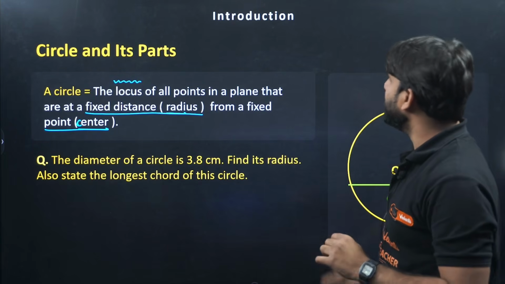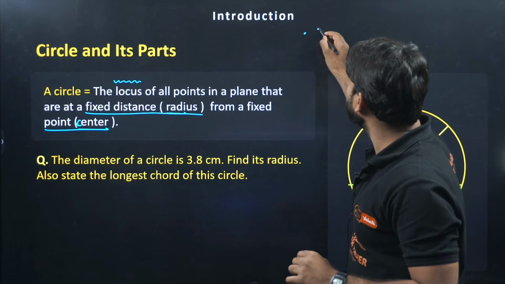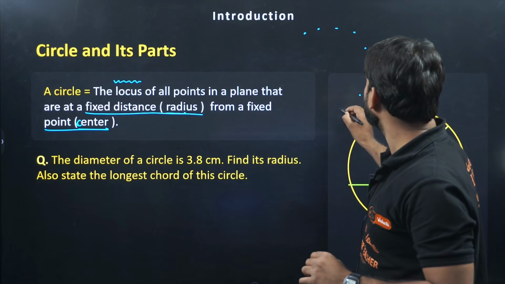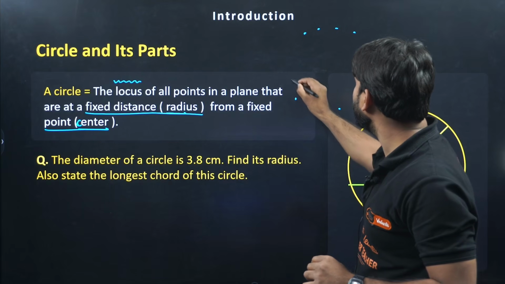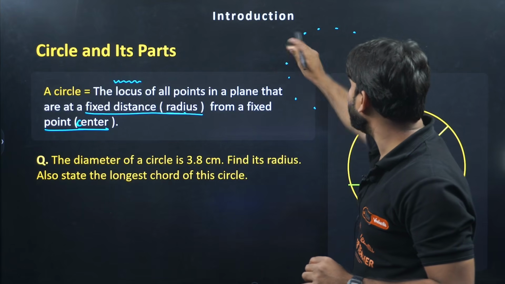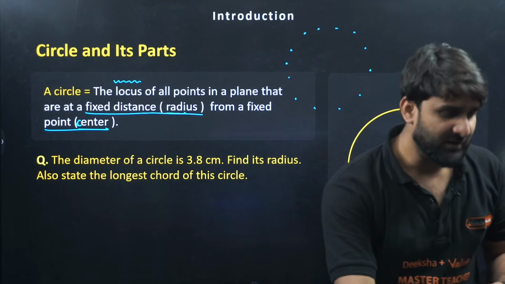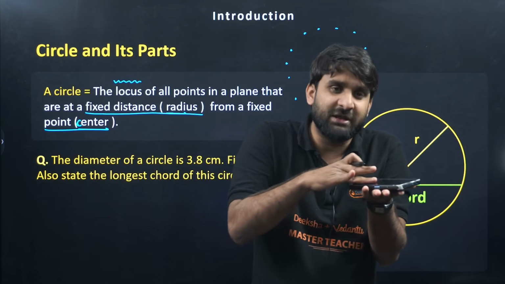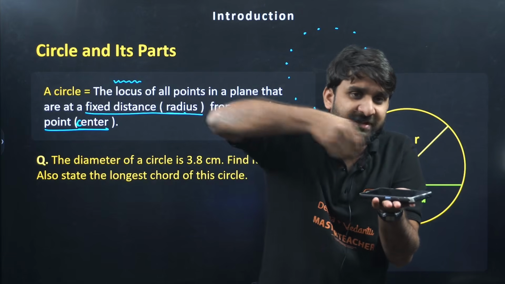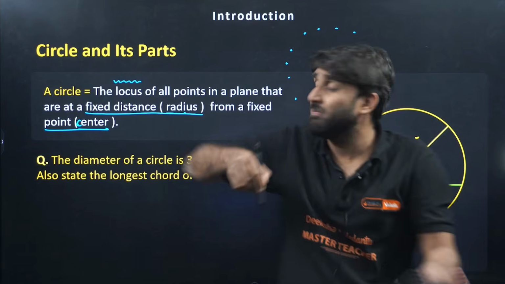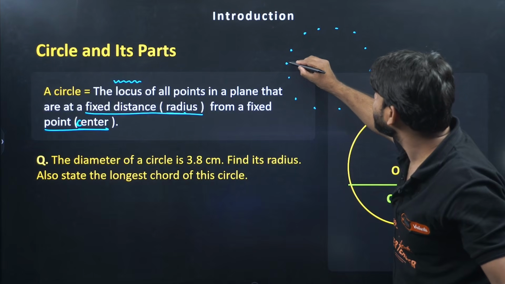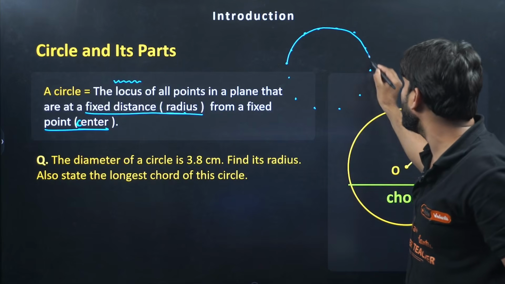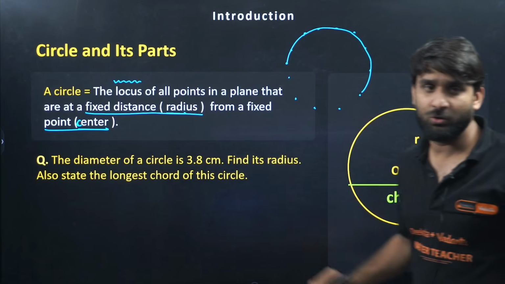Basically, there are so many points on a plane. For example, this is a mobile phone, right? The screen of this mobile phone is a plane. If I take so many points on this screen in a round shape, and connect all the points, this connection is called locus.